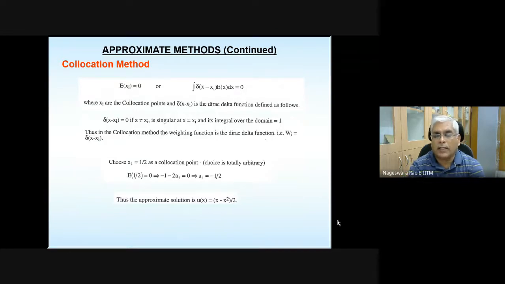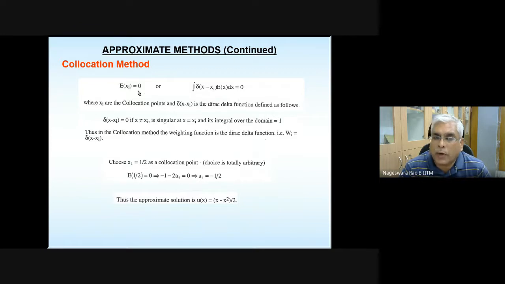In the collocation method, please make a note of this. Basically, instead of integrating the error function over the problem domain, we are going to force the error function to 0 at a selected point.